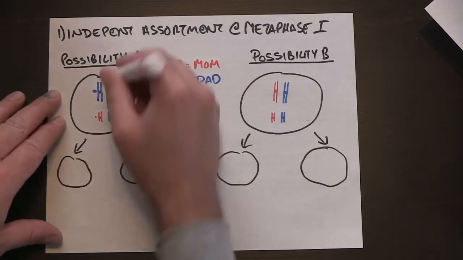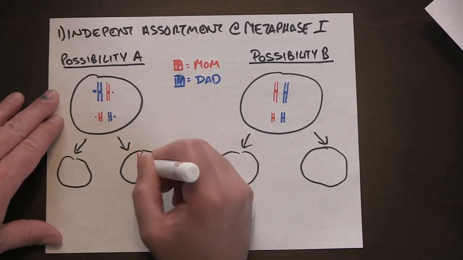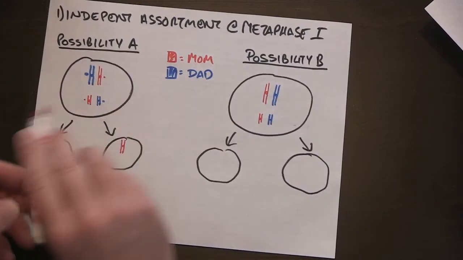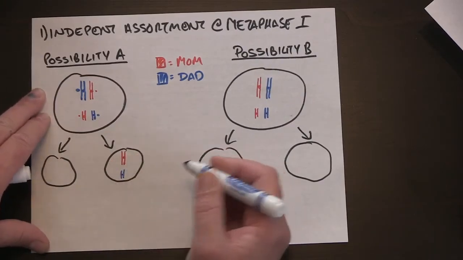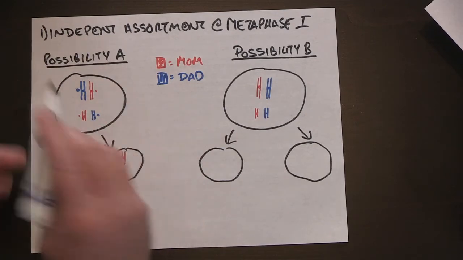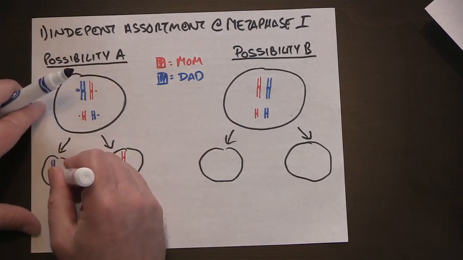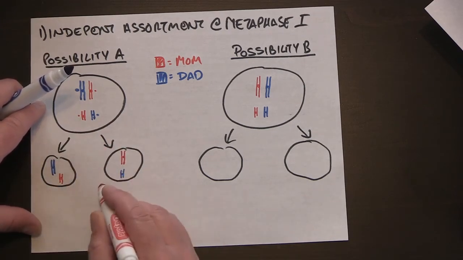So in this cell here, you're going to have the big copy of the chromosome from your mom and the small chromosome from your dad. And in this cell, you're going to have the big chromosome from your dad and the small chromosome from your mom. So they're mixed, right?